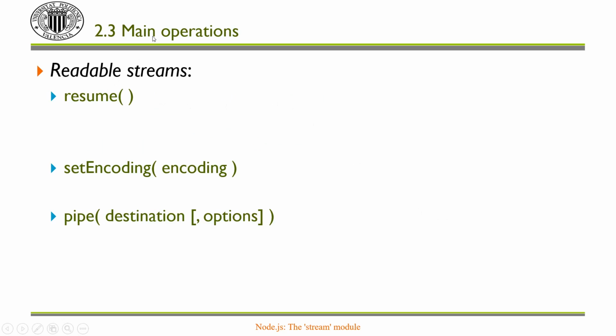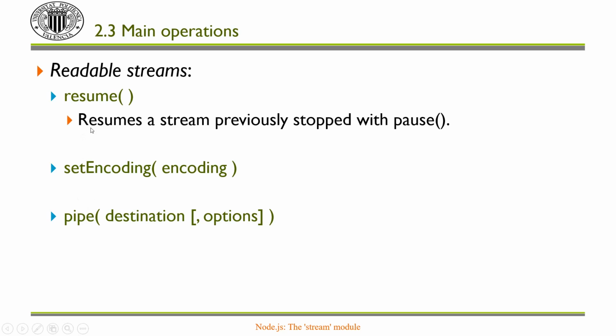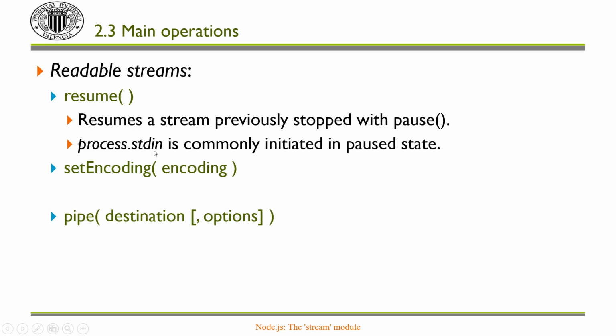In regard to the main operations for readable streams, they are resume, set encoding, and pipe. Resume resumes a stream that was previously stopped using the pause operation, although there are a few streams that have been initially paused. For instance, the process standard input. So in order to use the process standard input, we should call resume. Set encoding sets the stream encoding.